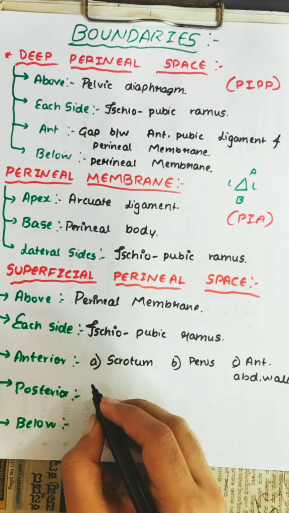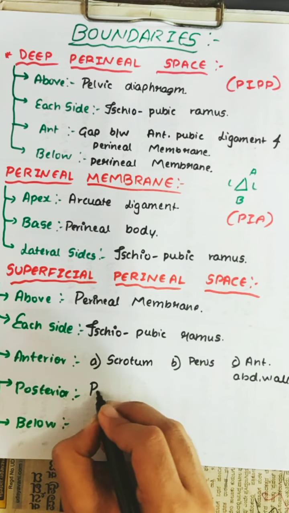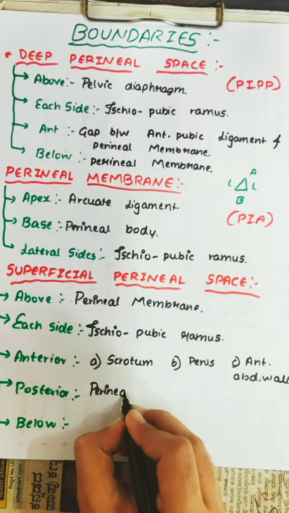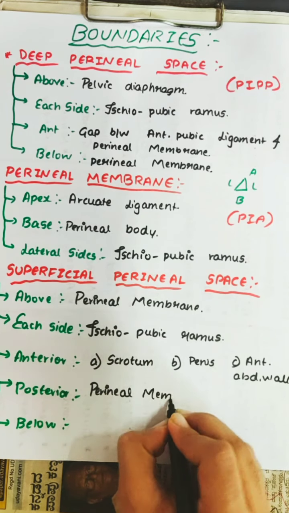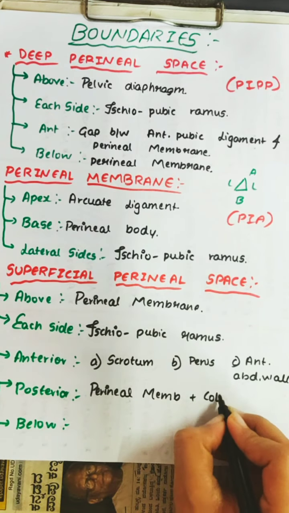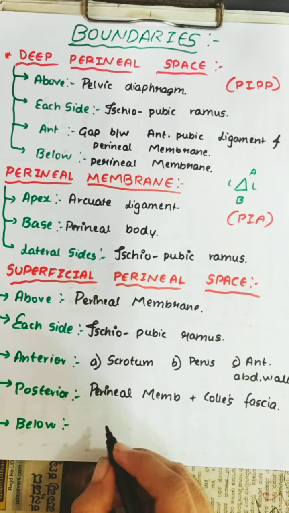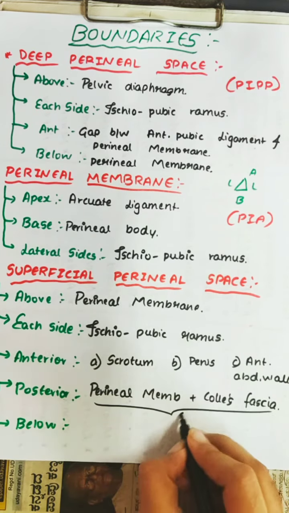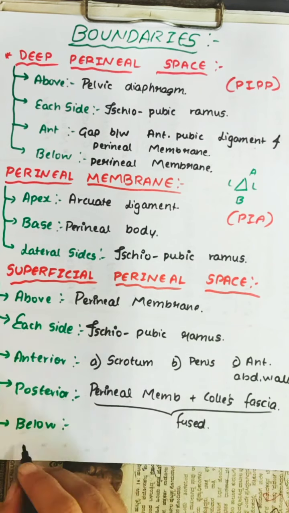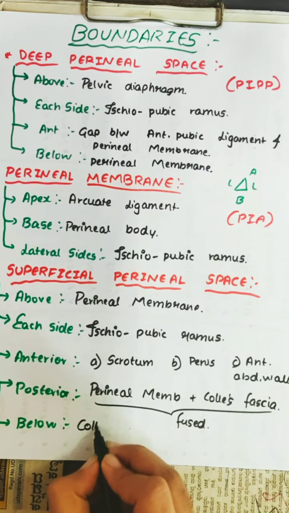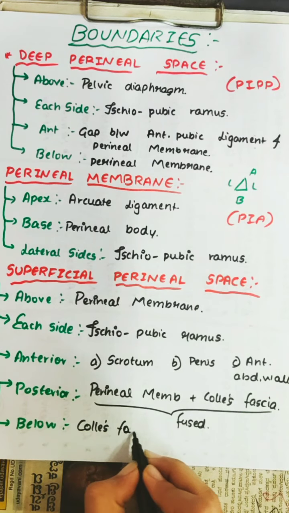On the posterior side you can see that the perineal membrane and the Colles fascia are fused, and below you can find the Colles fascia.